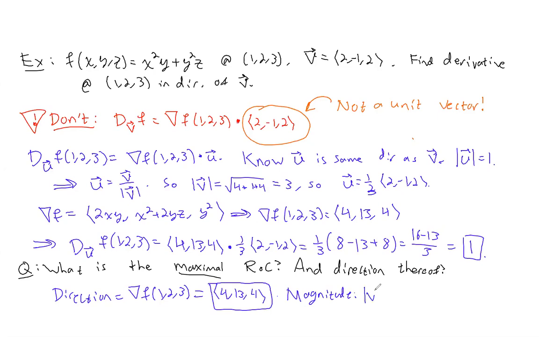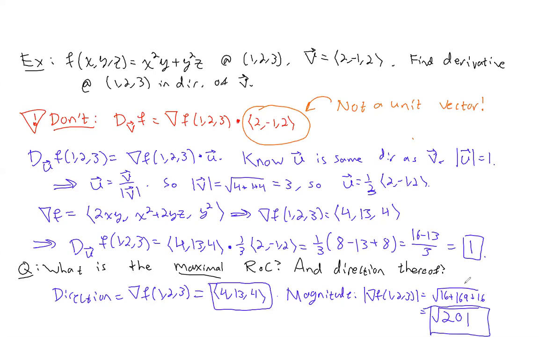is going to be the magnitude of the gradient, which in this case is the square root of 16 plus 16 plus 169, or in other words 32 plus 169, which comes out to root 201.